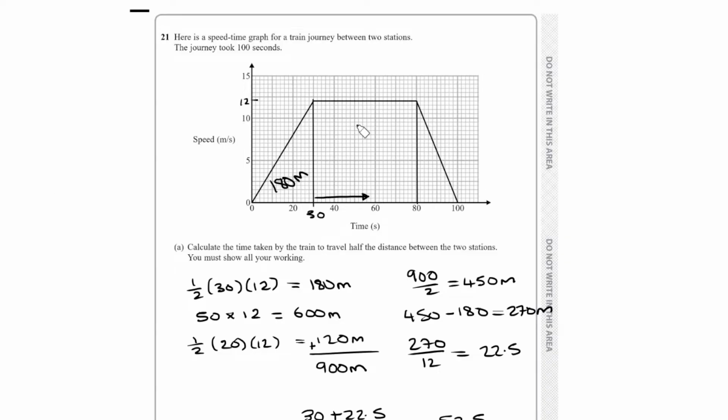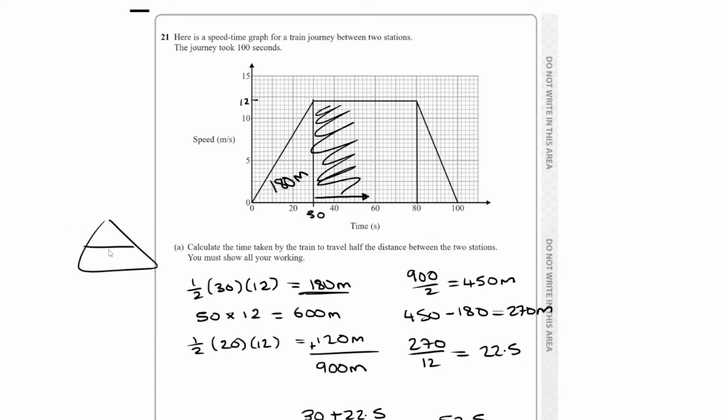Because I've got two different shapes, and if you think about the area, two different shapes means two different formulas, right? So I can't just see 450 meters straight from zero. So I said, well, I know this first triangle represents 180 meters, so I can discount that, take that away from my 450 meters. Whatever's left, which was the 270 meters, is now part of my rectangle, but I just need to know how far into the rectangle I went.